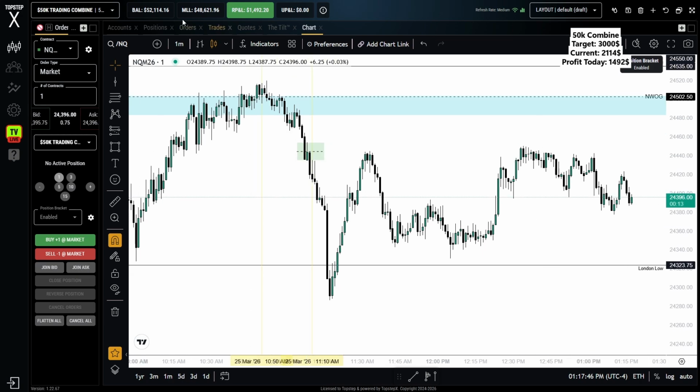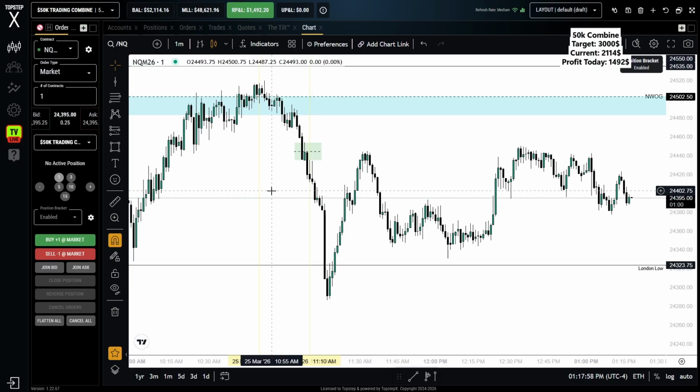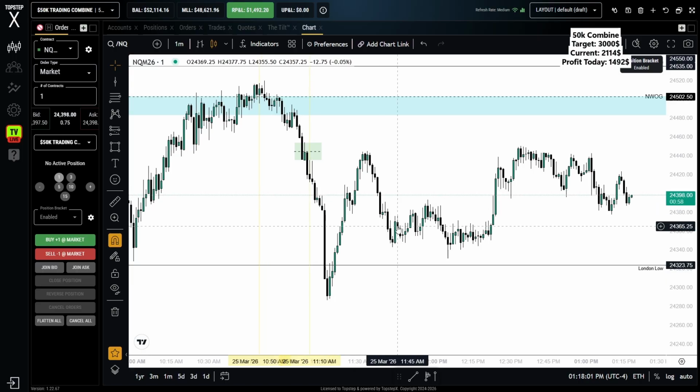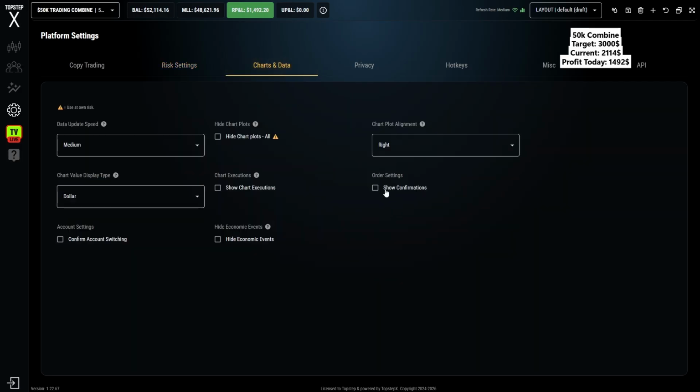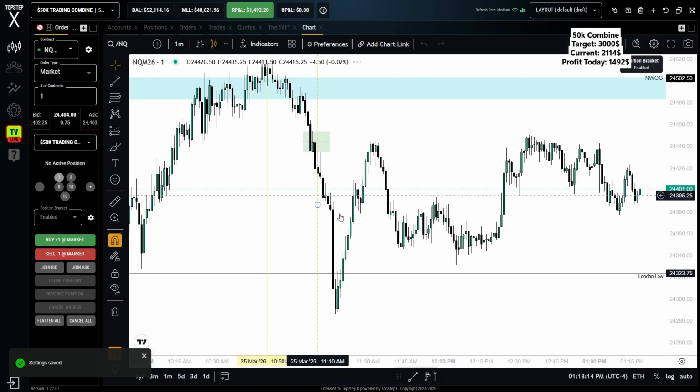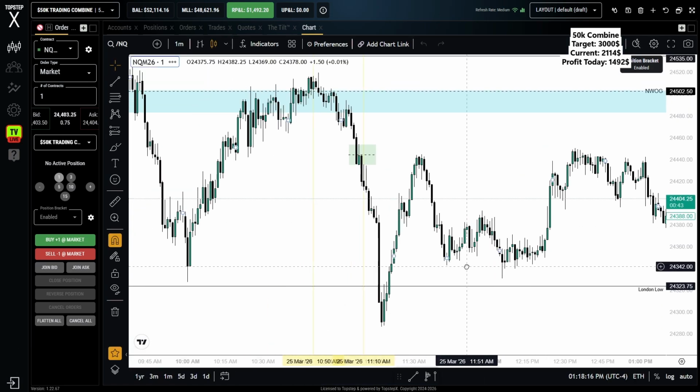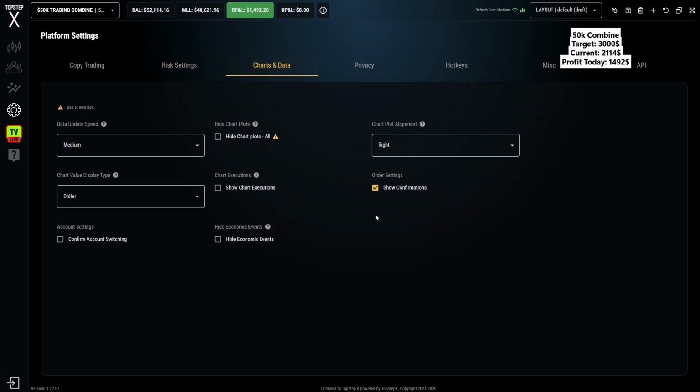Actually, I did take a trade before, but I wasn't able to record it since I was trading while moving. I was traveling, so I wasn't able to record that particular trade. So I did record this trade. Let me show you guys the executions of it. Show chart executions. Oops, it's not showing charts and data.